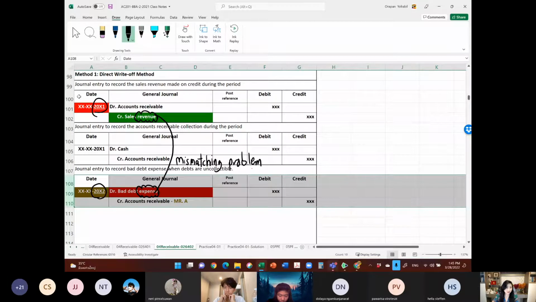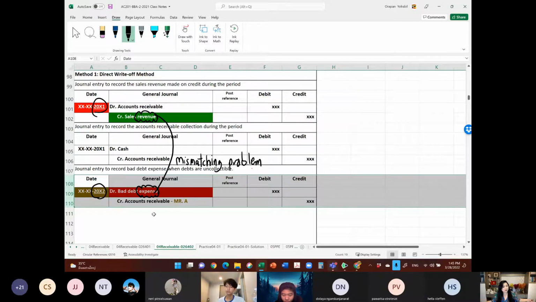All right, we don't like this to happen because if this happened, then the profit would mean nothing. Am I right? You record revenue in one year and then later on, whenever you feel right, you record the expense. So if the revenue and the associated expense are recorded in different periods, then the profit figure would not be meaningful.